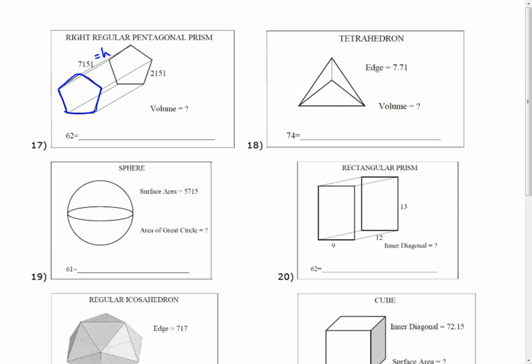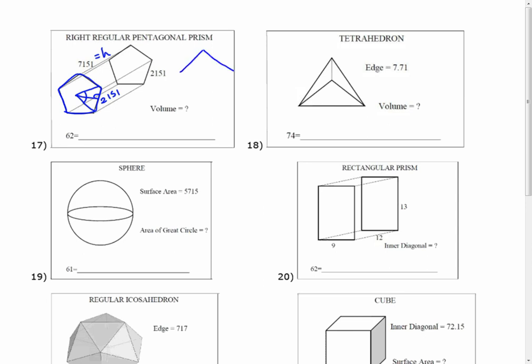So we're going to start with kind of the side there. So if I think about this as a triangle, okay, I've got 2151 as the side there. And I can figure out what that angle is that's in there, because I know that all the way around is 360 degrees.